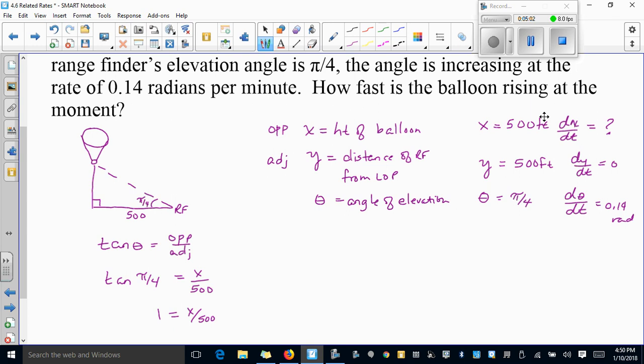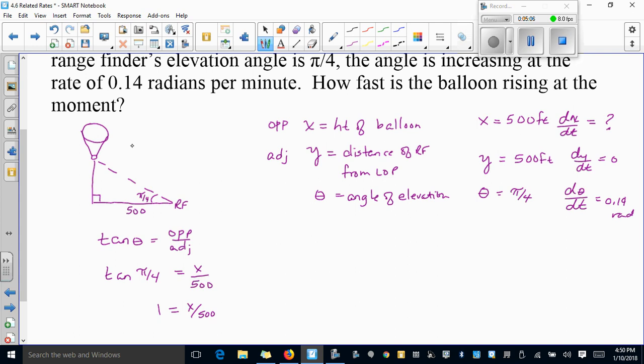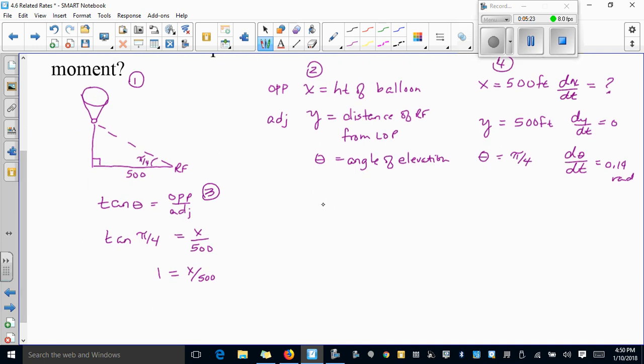So now we're ready to do the derivative. So step 5. Tangent of theta equals x over y. So x over y, but y is 500. Because when I do the derivative, it's going to be 0 anyway, so we don't have to worry about it. We can plug that number in. So do the derivative at this point here.